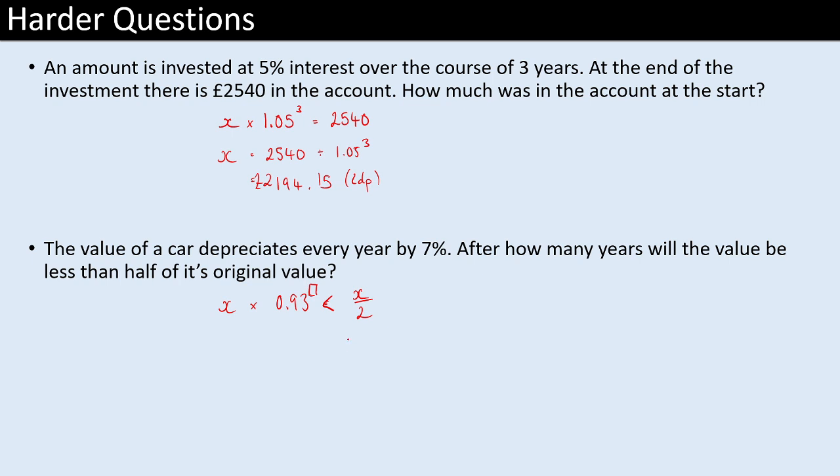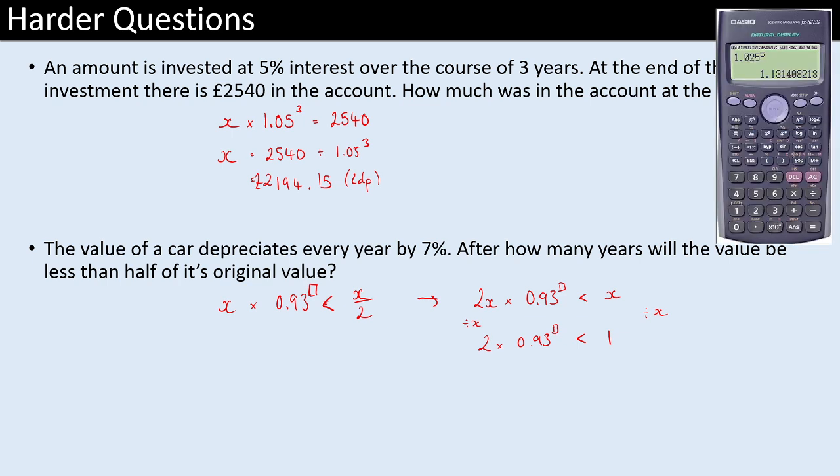So, let's see what we can do. We could rearrange this to say that 2x times 0.93 to the power of something is less than x. And then we could divide both sides by x to say that 2 times 0.93 to the power of something is less than 1.